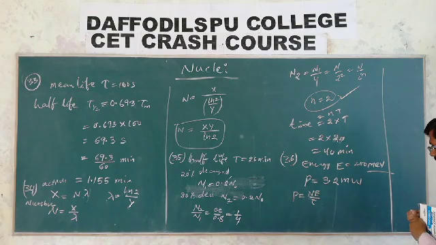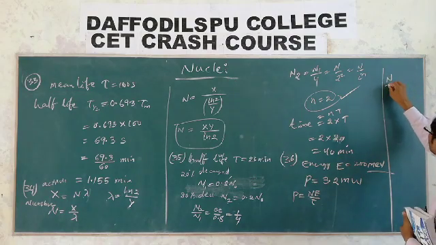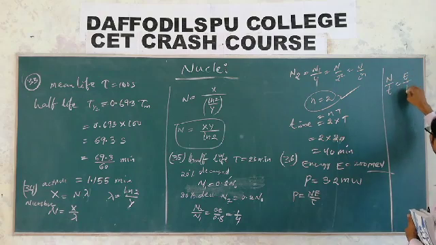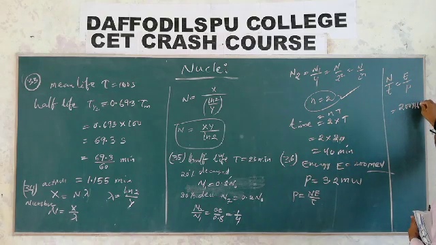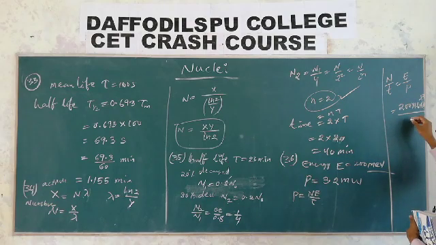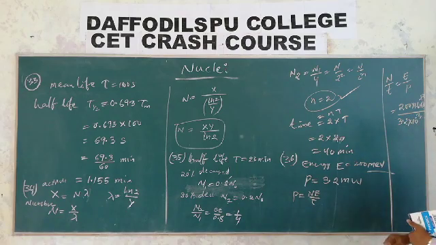We need to find here n by T. N by T is equal to E by P. Then 200 MeV, 1.6 into 10 power minus 19 by 3.2 into 10 power minus 3 milliwatt.